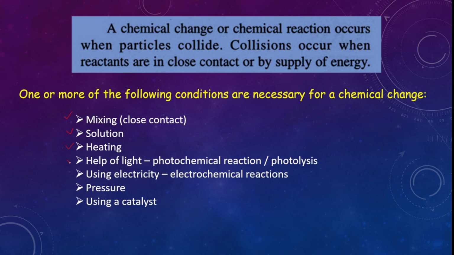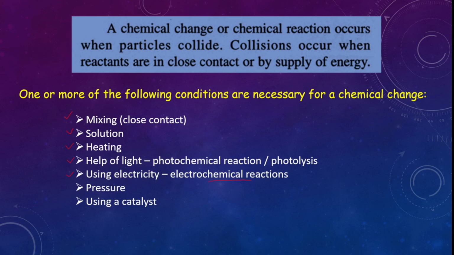If we keep those things in sunlight, certain reactions need sunlight to take place. Photosynthesis is the best example of a photochemical or photolysis reaction. Using electricity: sometimes for a chemical reaction to take place, we have to give electricity. Such reactions are known as electrochemical reactions.